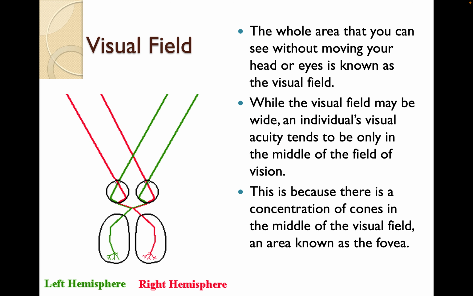The whole area that you can see without moving your head or eyes is known as your visual field. While the visual field may be wide, an individual's visual acuity tends to be only in the middle of the field of vision. This is because there's a concentration of cones in the middle of the visual field, an area known as the fovea. It's right in the middle of your visual field.